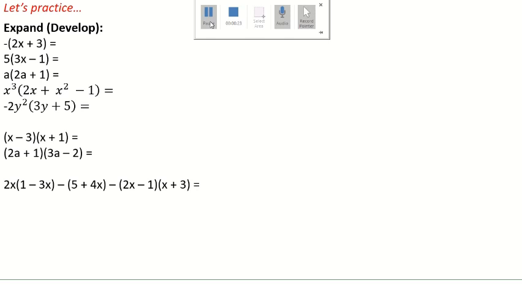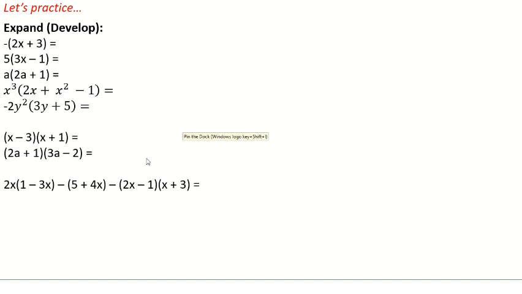The minus outside the parentheses should be multiplied by every term in the parentheses. So I'm going to multiply first minus by 2x, then minus by plus 3. Minus times 2x is minus 2x, and minus times plus 3 is minus 3. So we get minus 2x minus 3.